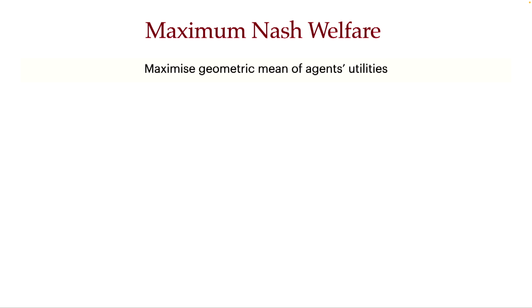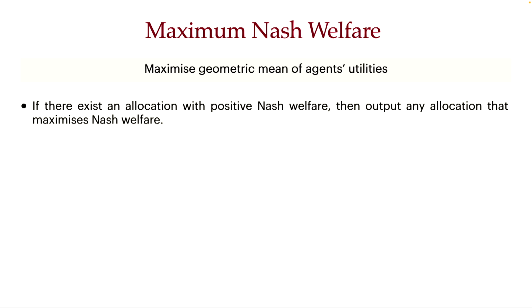If you recall, we are allowed to give 0 valuations. So, it may happen that maximum Nash welfare is 0, then we may create some such examples. To avoid that, we will define it this way. If there exists an allocation with positive Nash welfare, then output the one that maximizes the Nash welfare.